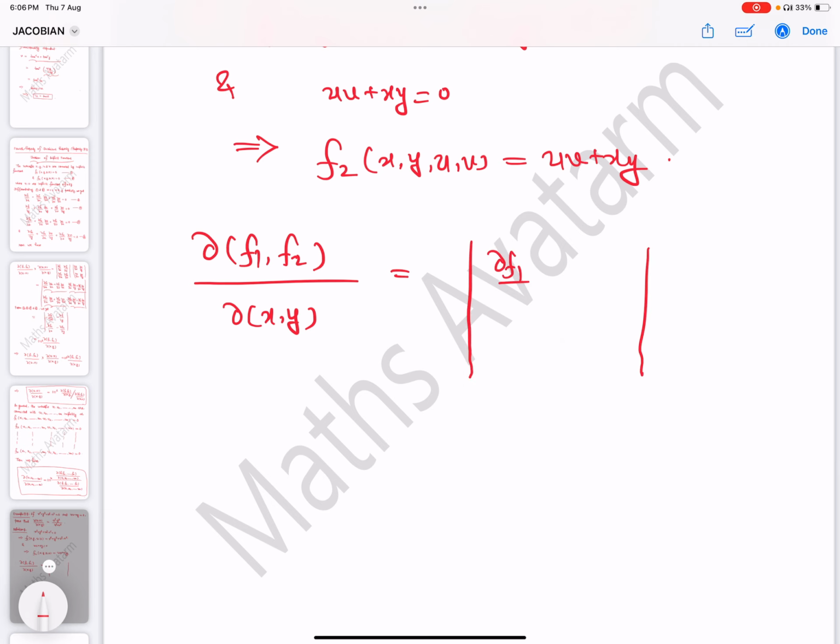Del f1 del x, del f1 del y, del f2 del x, del f2 del y.